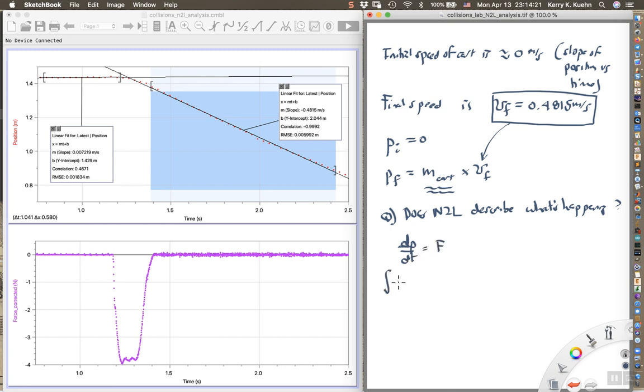Again, if I integrate both sides, that will give me my initial momentum. The final momentum is equal to the integral of force over time from the initial time to the final time. And this will give me the change in momentum, final momentum minus initial momentum, which should be equal to the force integrated over time, t initial to t final.